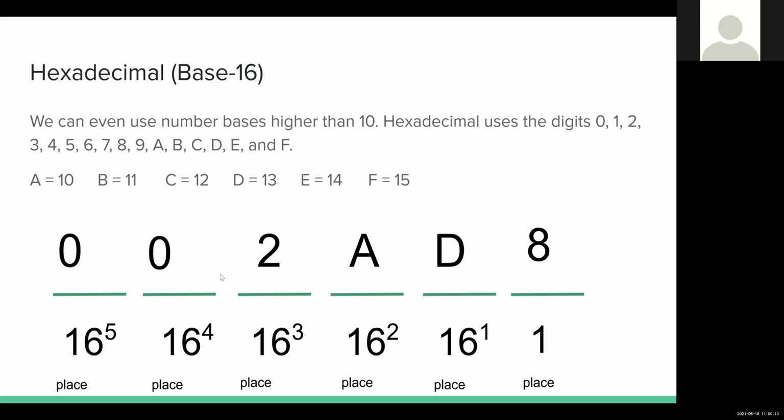So for base 10 we can only go until 9. For base 2 we can only go until 1. But when we do numbers like base 16, we can go until 15. But the problem is it's kind of hard to express 15 in a 1-digit place.